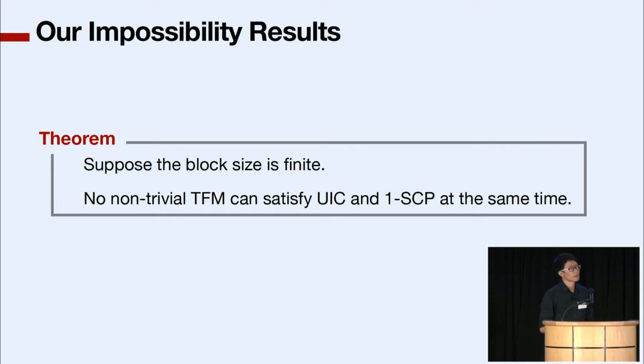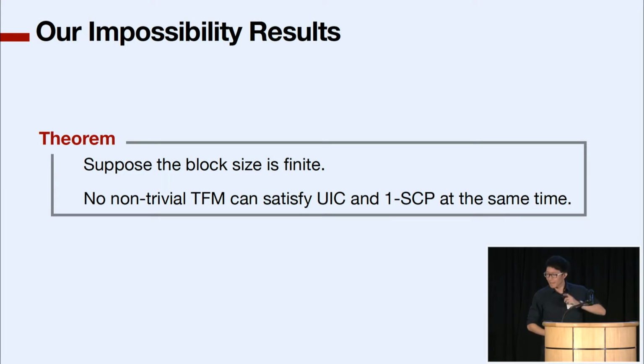Here, non-trivial mechanism means that the only mechanism that satisfies UIC and 1 SCP is to always reject everyone. But that makes the blockchain useless.